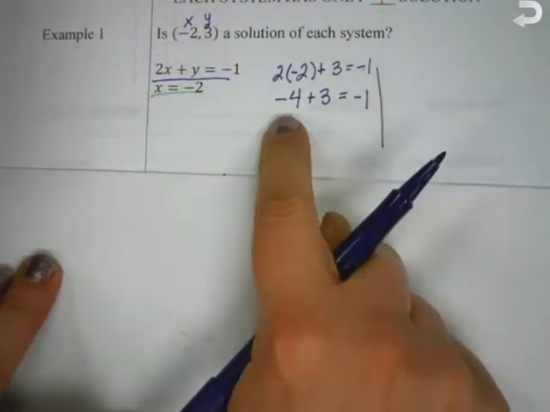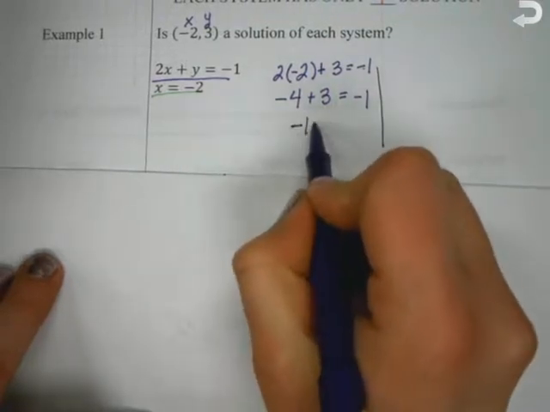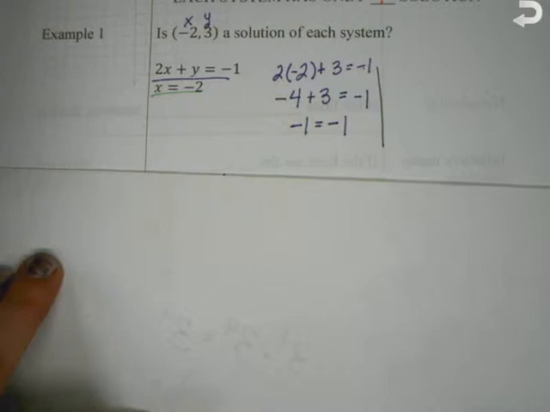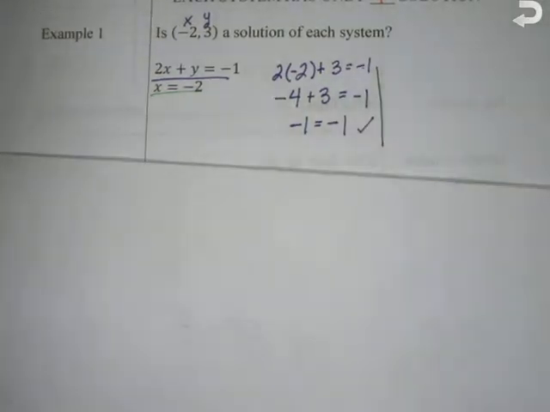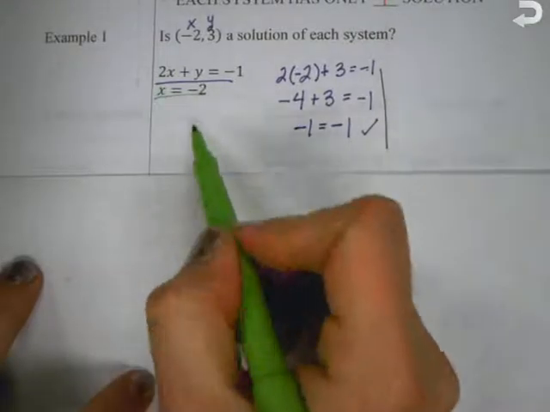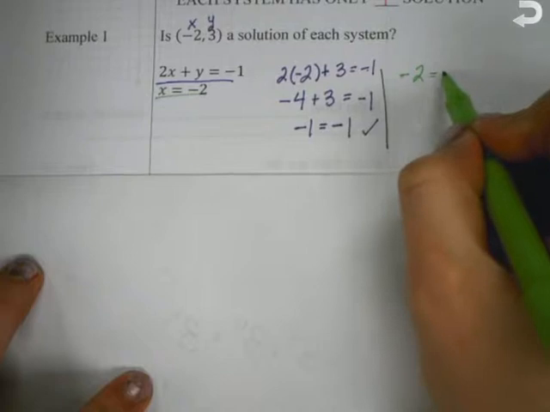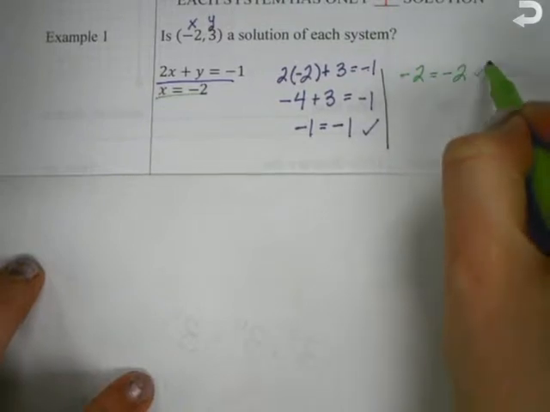Negative 1. Is that a true statement? Yes, it is. So far, we're good, right? Are we done? No, we have to check the other one as well. It needs to be a solution for both. So this one is just x equals negative 2, so what's the only number I have to plug in? -2. So negative 2 equals negative 2, true? Yes. So is that point the solution to the system? Yes.